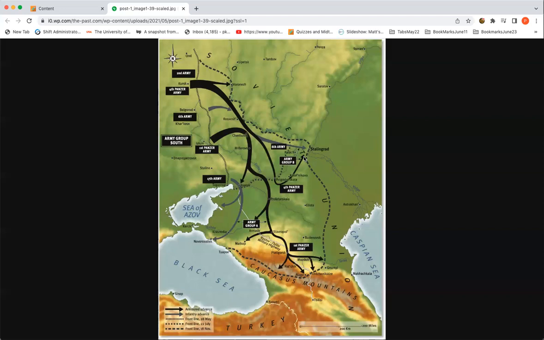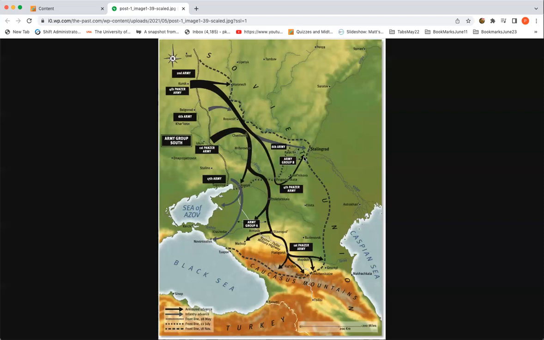It has equipment, it has firepower, it has experience. Its soldiers are excellent tactical fighters. Sadly, just sad to say, they're probably the best tactical fighters in the complete European theater.